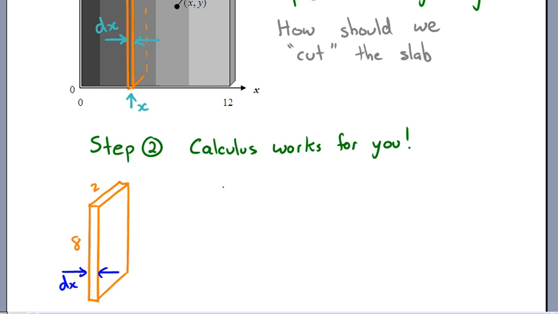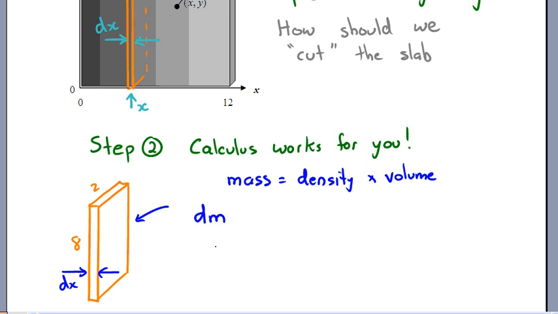Now what I know is that generally speaking, mass is equal to density multiplied by volume. So let's go and think about what the mass would be for this tiny little piece right here. What's its mass? It'll be very tiny. I'm going to call it a dm, right?